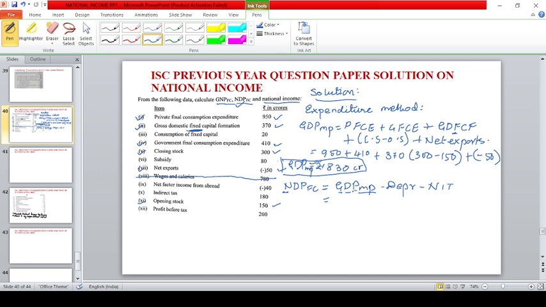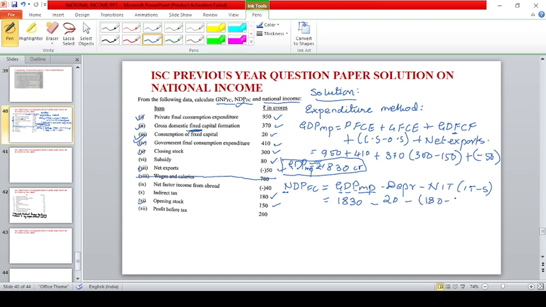Now the value for GDPMP is given to us. We have calculated it as 1830 minus depreciation. What is the depreciation given over here? That is consumption of fixed capital, 20. So minus 20, minus NIT. NIT is not given directly, so the formula for NIT is IT minus subsidy. What is IT over here? That is 180, minus subsidy, that is 80.